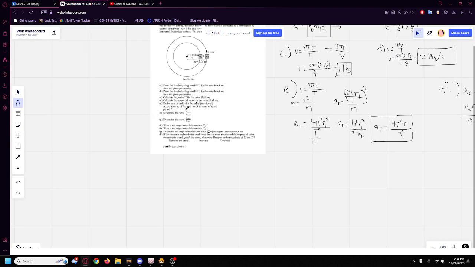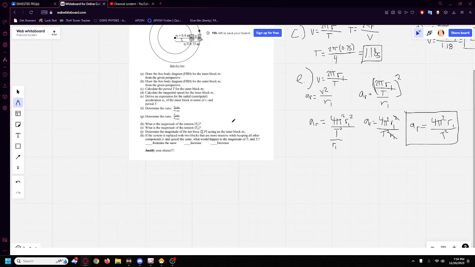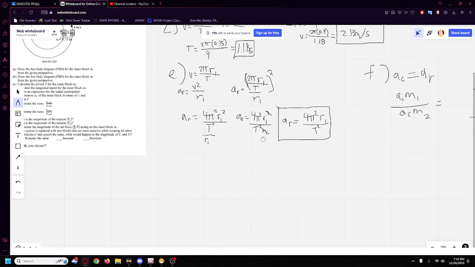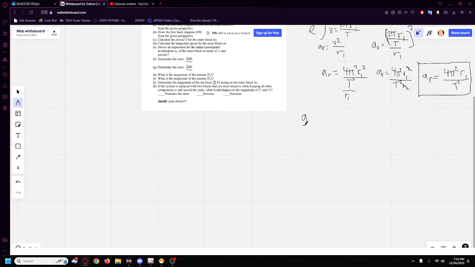And that's the ratio between ACM1 and ACM2. So G asks the ratio for FCM1 and FCM2.